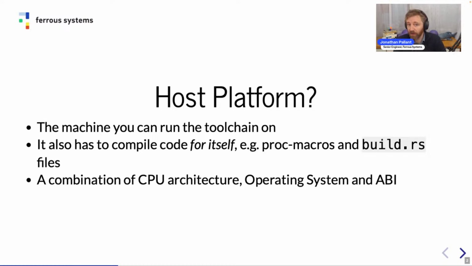This matters because some platforms like Windows, there are two ABIs available. There's the Microsoft Visual C and the GNU ABIs, and that happens on some other platforms as well. glibc versus musl C if you're a Linux person. So that's what we're going to talk about in terms of the host platform.